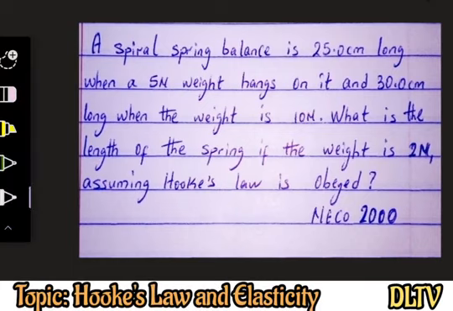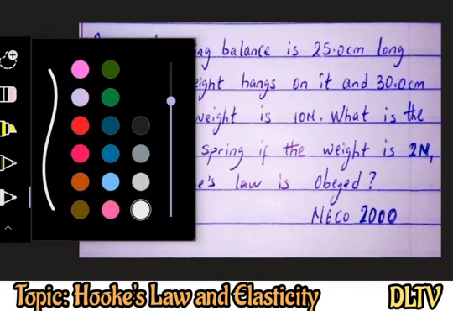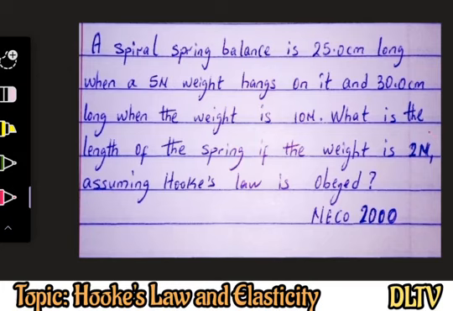Alright, so this NECO question is asking us to find the length of a spring when a particular given weight has been attached to the spring. A weight of 2 Newton was attached to the spring.